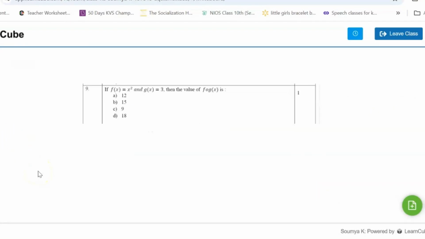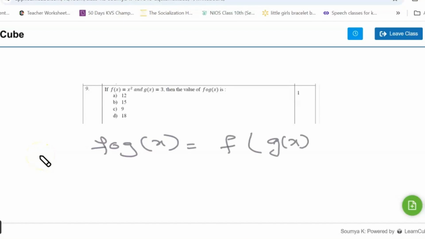Next question, again 1 mark question. This is from the relations and functions chapter. And here you can see f of x is given as x square and g of x is given as 3. You have to find f of g of x. F of g of x is f of 3. Okay.